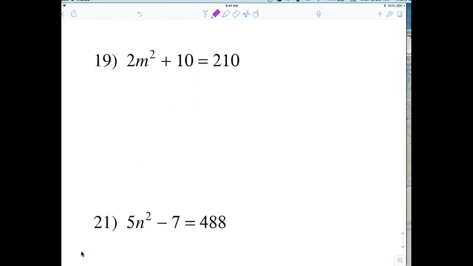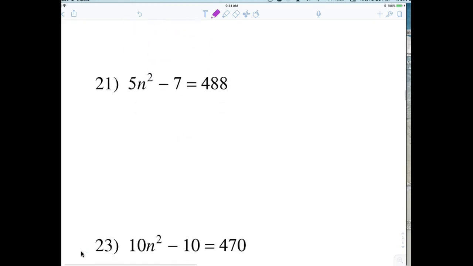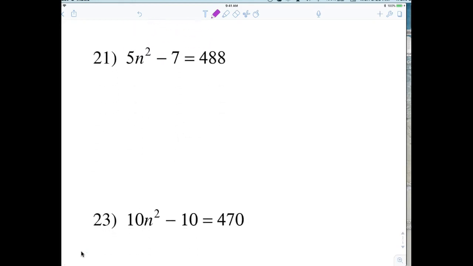Now, what do I do first here? So 2m squared is equal to 200. m squared is equal to 100. So m is equal to plus or minus 10. All right, any questions with that? All right, so 21, what do I have to do?